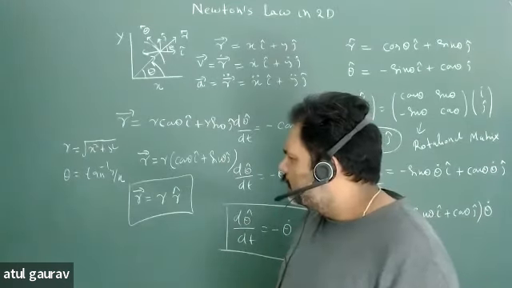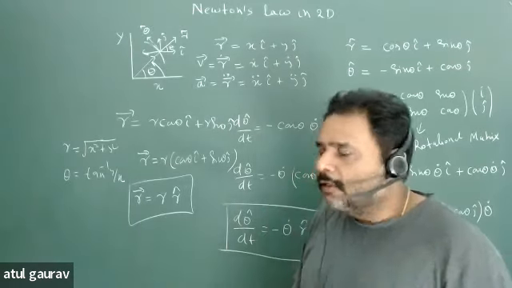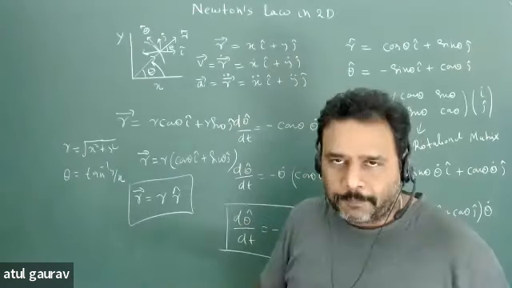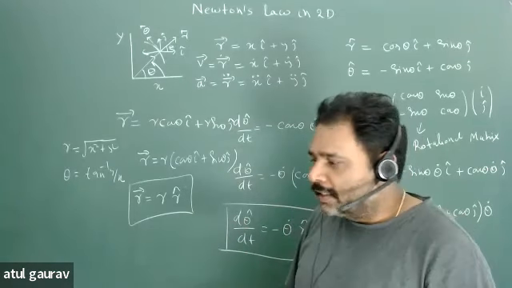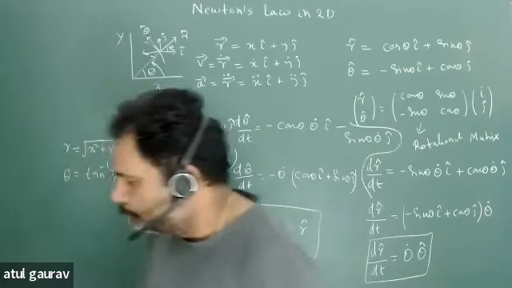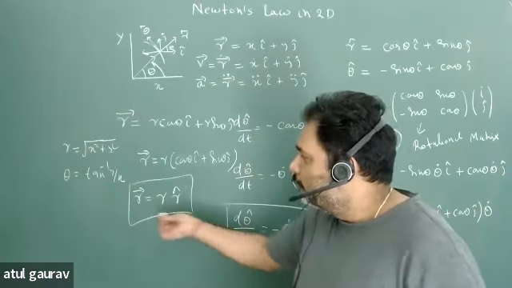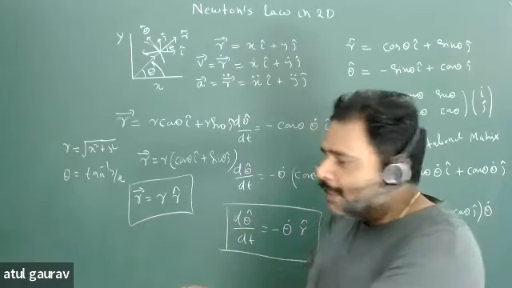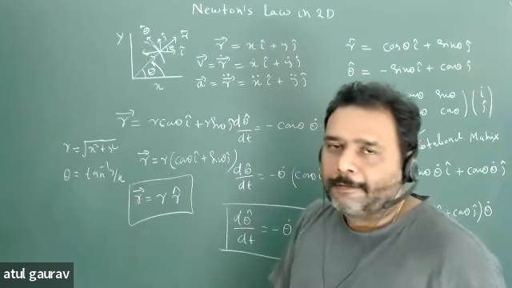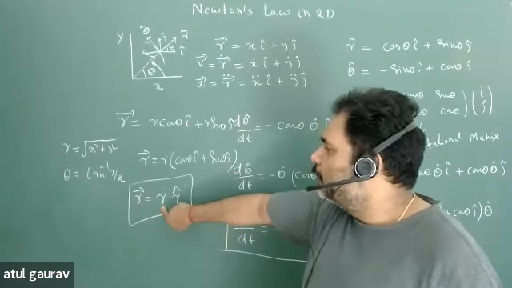Now your question will be a very natural question. Sir, where is theta? You are just writing this particular R. Where is theta? Are you getting my point or not? Now look at how theta will come into the picture. So this is my position vector. What is this particular R?